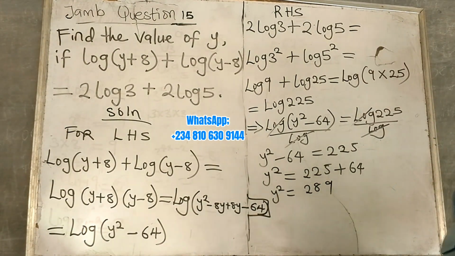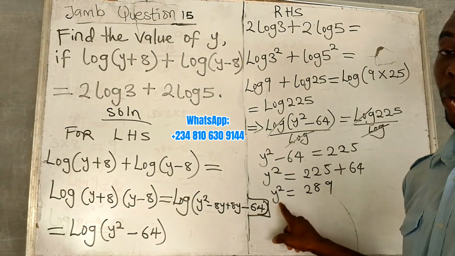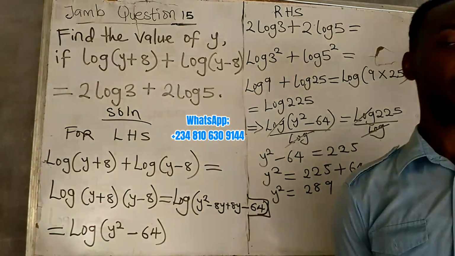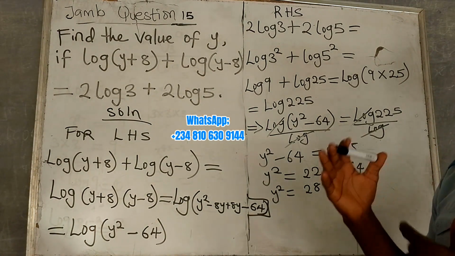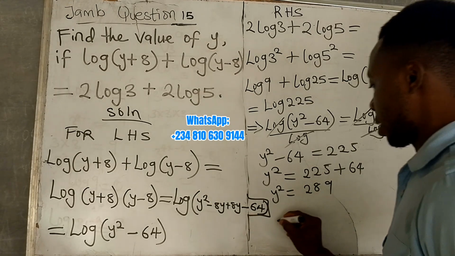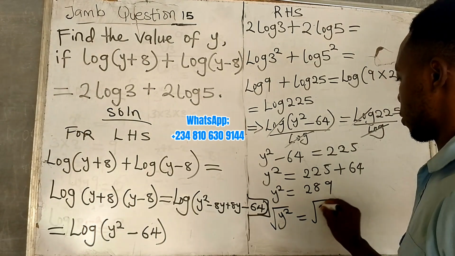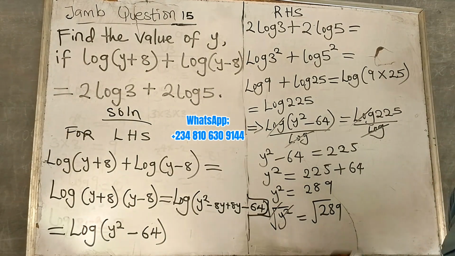And you take the square root of both sides, because what you're looking for is y, not y squared. Since we have this square here, we need to eliminate the square, and to eliminate the square, we need to use square root. So the square root of y squared equals the square root of 289. Now this square cancels this square root.